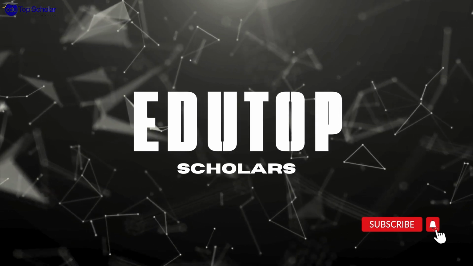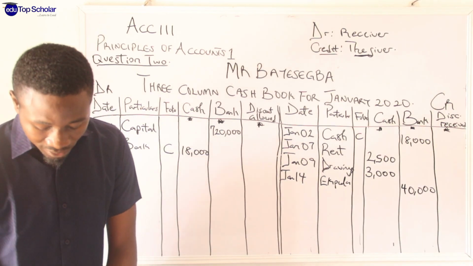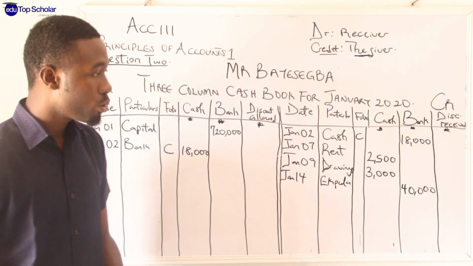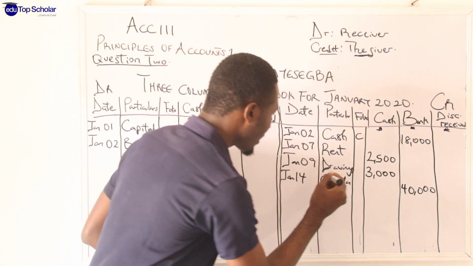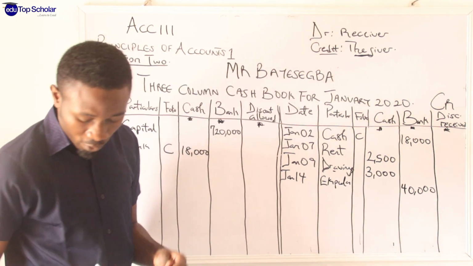So the next one, we still have January 15, and January 15 says the cost of goods that were taken for private use. It is similar to this because it is drawings also. It means the owner took goods from the business.